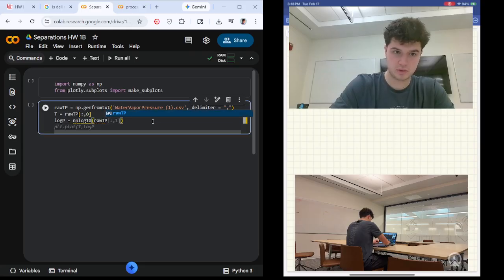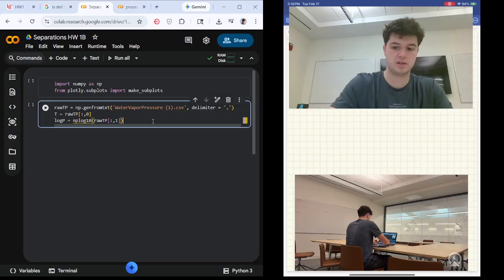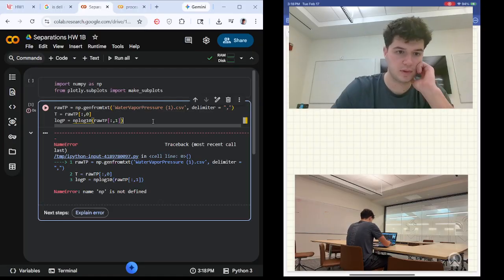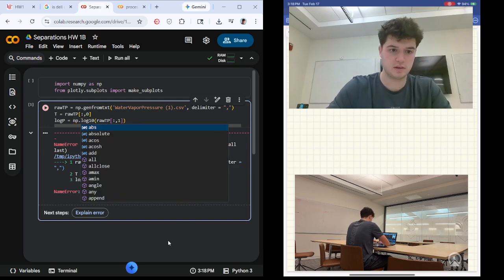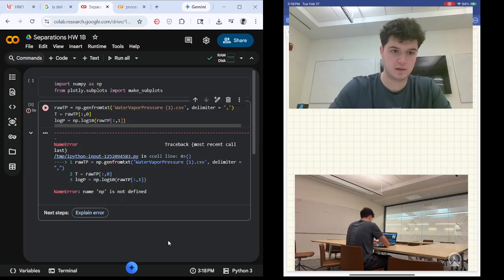That is exactly what we want. And now we can run it and see, shift enter. np dot, let's try that. np is not defined.